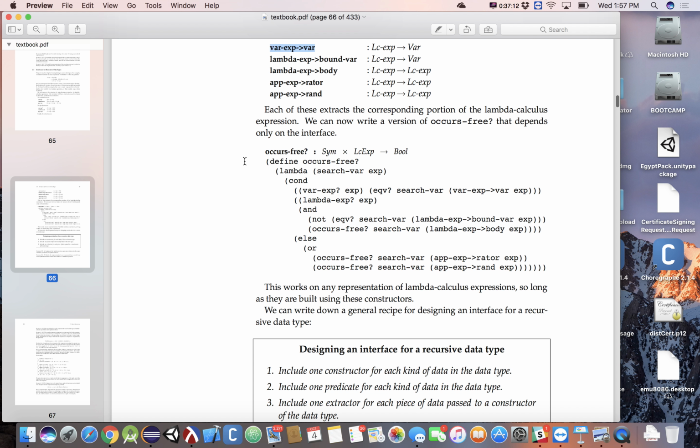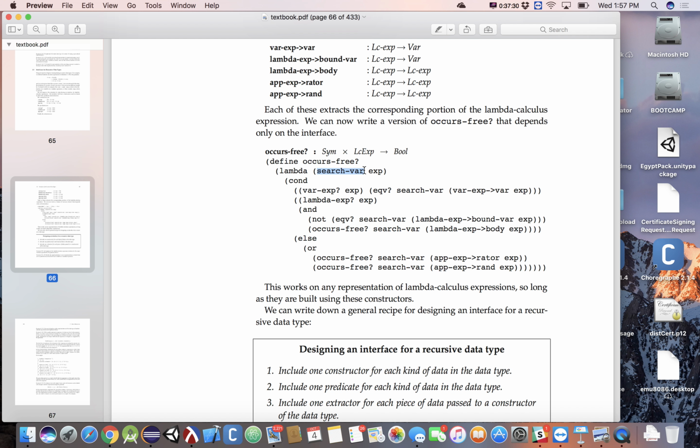So now they've introduced this function called occurs free. And this guy's going to return a true. We know it's a predicate because a little question mark thing there. And what it's going to do is take in an expression. And it wants to know whether the variable we're looking for in there occurs free in that expression.